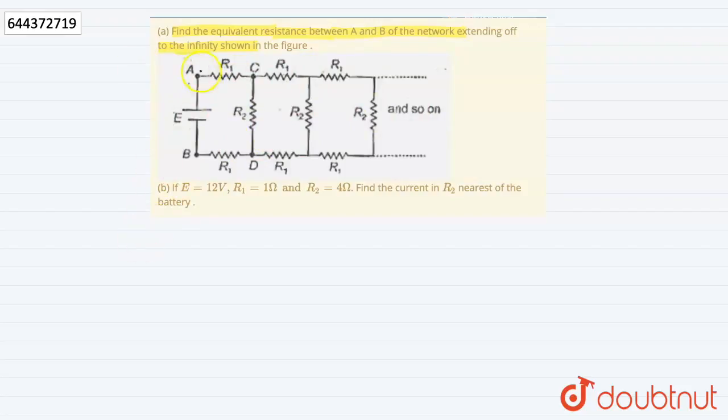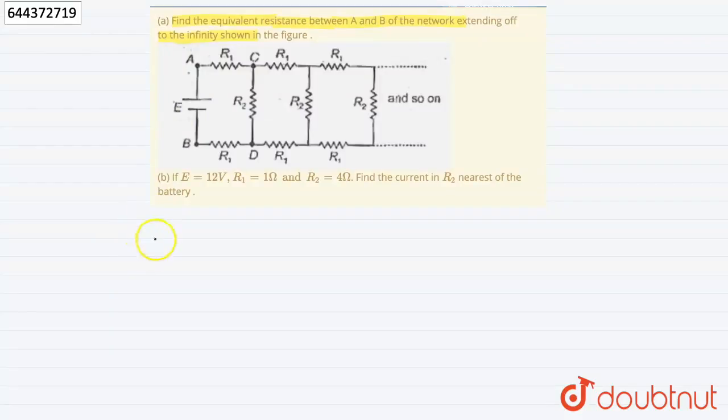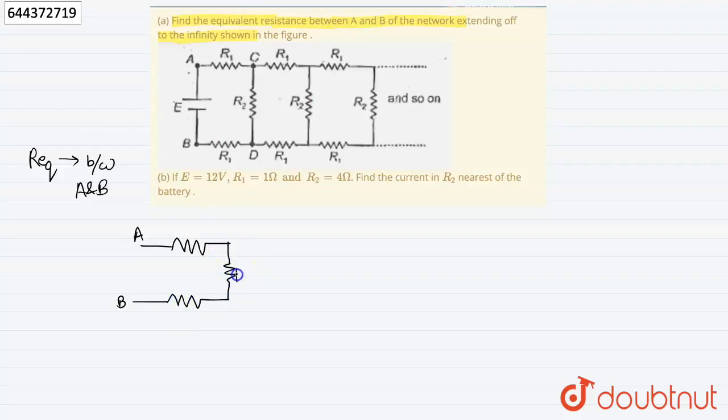So to find equivalent resistance between point A and B, we can write the circuit as, let's say this is point A and this is point B, and the equivalent between them, let's say it is R equivalent between A and B. Now since this circuit is extending off to infinity, this will be R2 and the equivalent after this will also be same as that of the whole circuit.